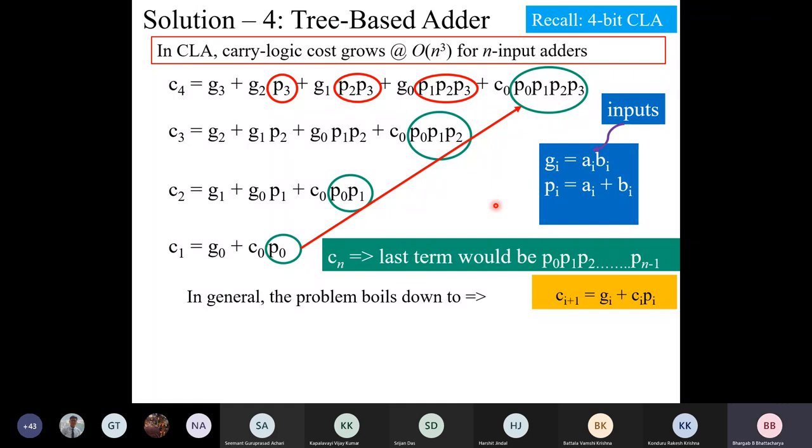So in general, this problem boils down to, suppose P0, P1, P2, P3 are my inputs, and I want to generate this set of product terms from the input. What would be the most efficient way of generating these terms?